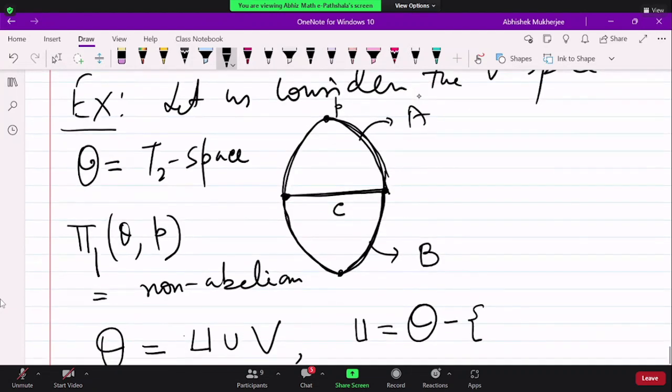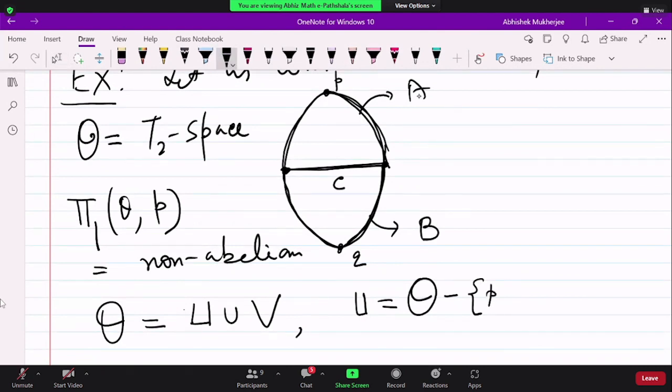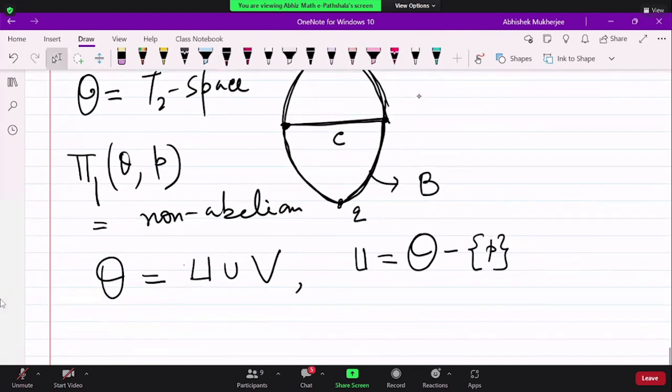This is small q, and V will be theta minus q.